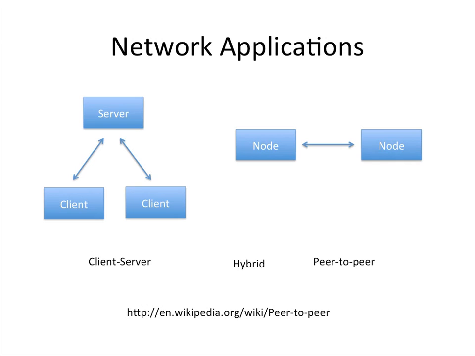But when you click on the link, you download not from the Napster server, but directly from the person who's sharing it. Does that make sense? So the directory is centralized, but when it comes time to actually download the file, you connect to the host that has that file.